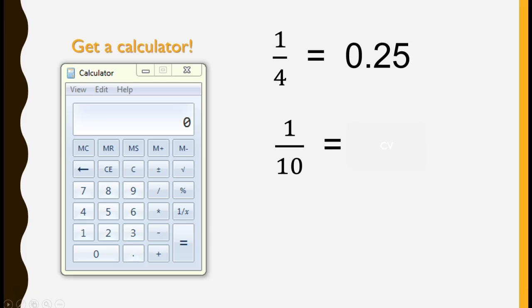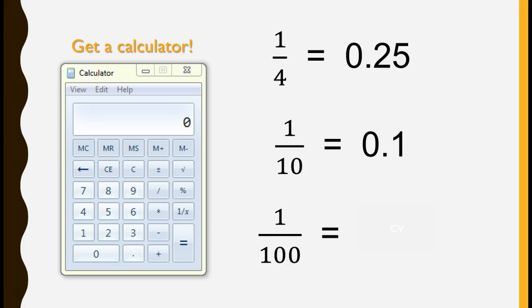Let's look at our next example, 1/10. So 1 divided by 10. 1 divided by 10 equals, what is in your window? My window says 0.1. Okay, that changed it into a decimal.